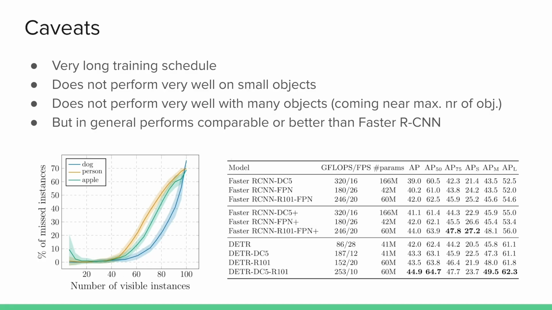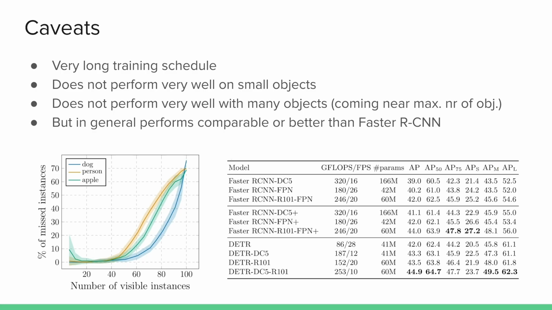Say you have 1,000 objects in a single image, which you can easily have if you're working on music scores, for example. But in general, it performs at least as well as Faster R-CNN, and I think it's a really interesting take, another spin on object detection, but now with transformers.